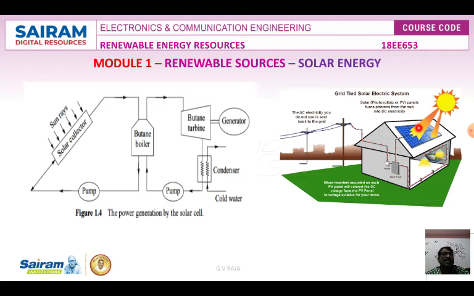How many cells are required there? Nearly 30 cells are required to produce 15 volt. Sorry, 15 watts. 15 watts means 15 cells are required, because each cell will produce 1 watt at 0.5 volt.